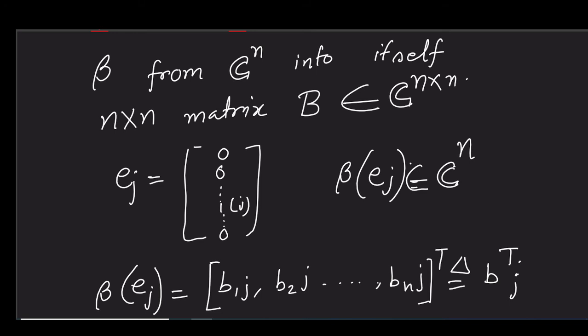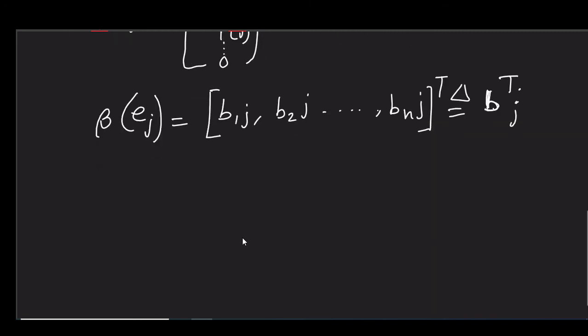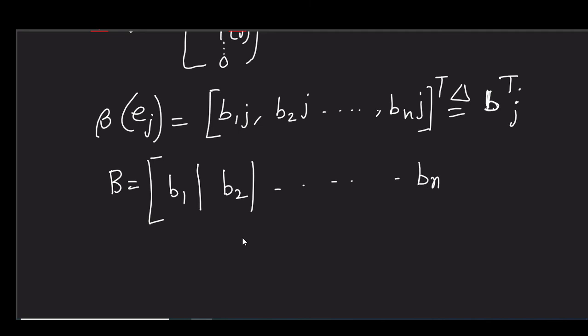This is a vector, right? So we can define Bj in this way, and B comprises all such vectors, B1, B2, and at the end Bn.